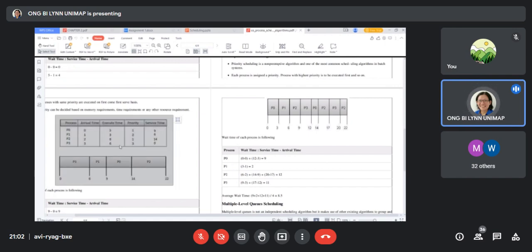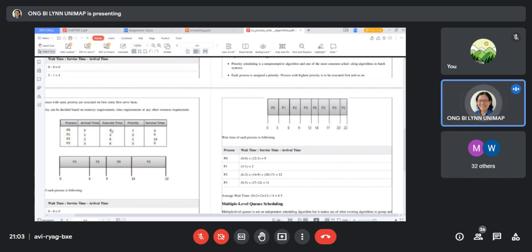Okay, you see here 5 units, after running 3 units, it has 2 units left. Again, 5 units, after running 3 units, 2 units left. Again, 5 units, after running 3 units, 2 units left.